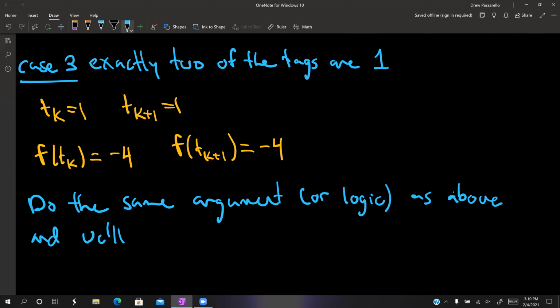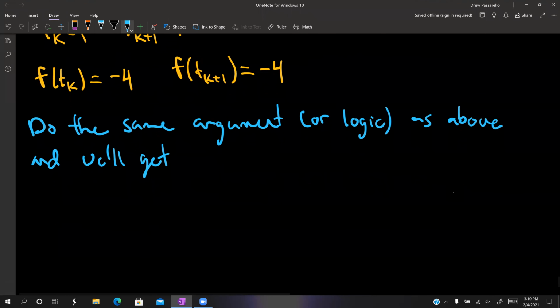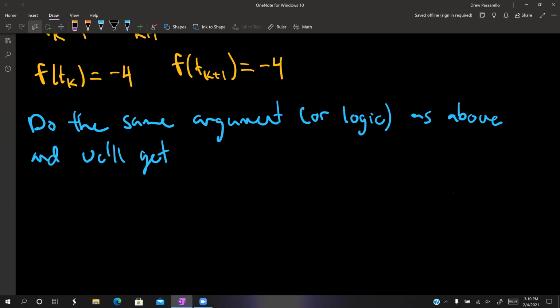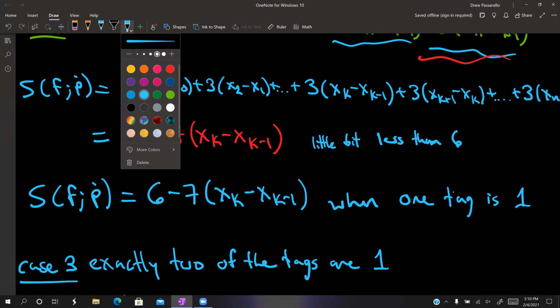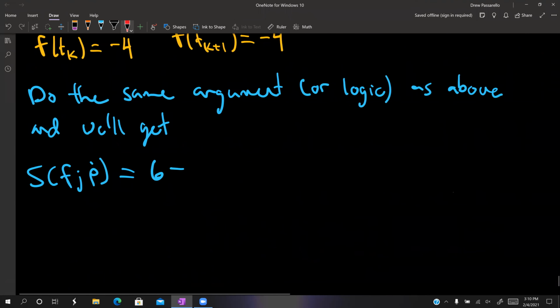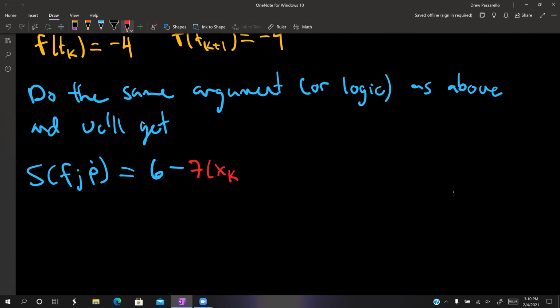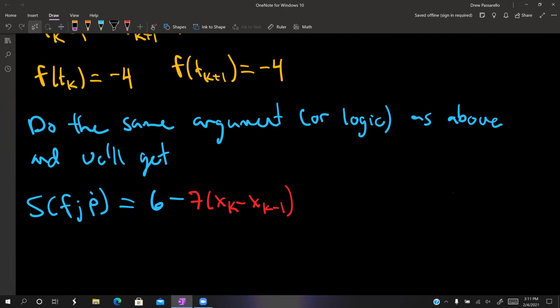We'll get that the sum is going to be equal to 6, and then minus 7 times xk minus xk minus 1, like this case too. And since there are 2 tags, it'll be another minus 7, but this time from the next subinterval, so xk plus 1 minus xk.